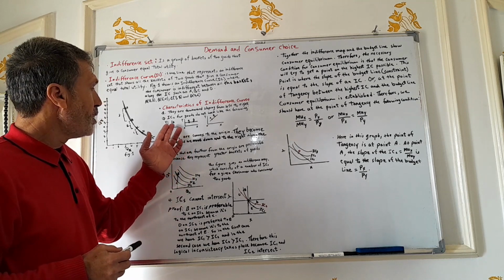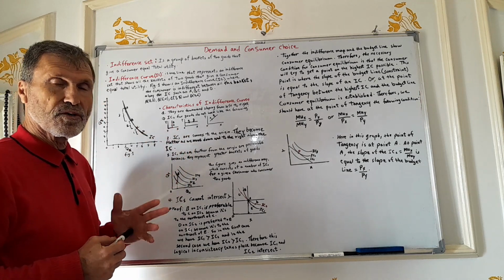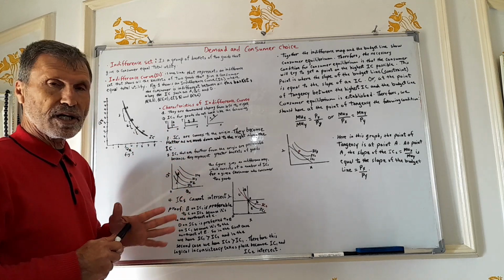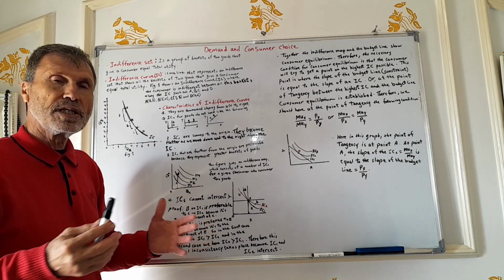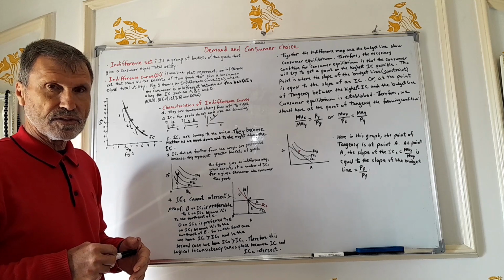But here, B is preferable to A, and therefore a vertical line cannot be an indifference curve.